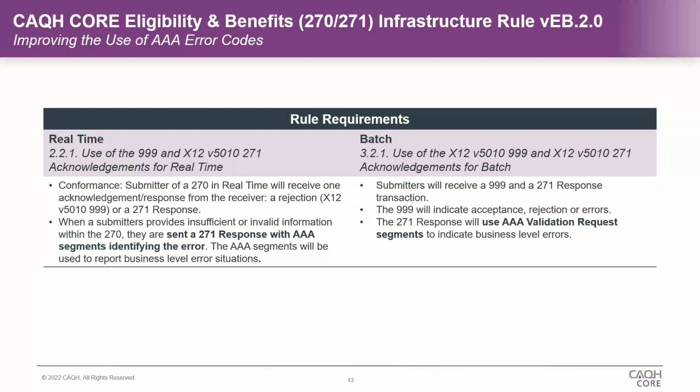And then one thing that I think has been misunderstood, it's hard to do in some cases, but the expectation is that you return all of the AAA error codes in a given response when you come across the scenarios that would fail. What we don't want to see happen is a provider submit, and I'm going to use a probably random example, Bob Bowman.